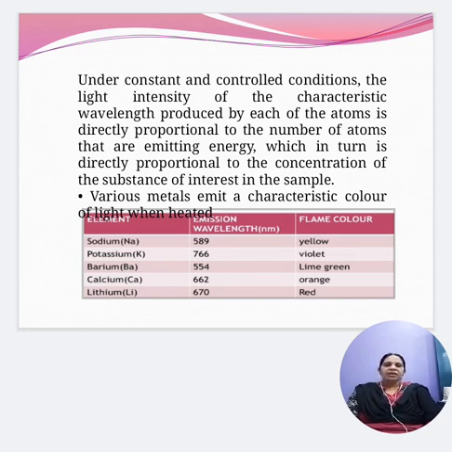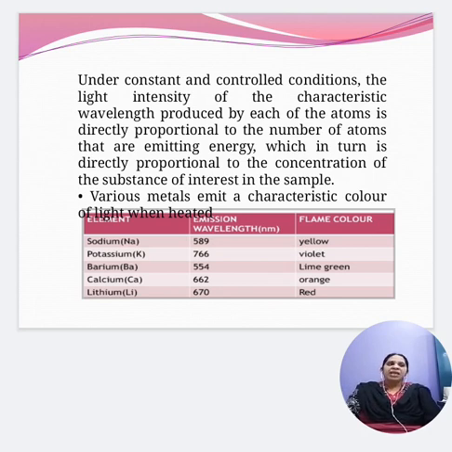If the concentration is more, the number of atoms that are excited is more, so more energy is emitted. When more energy is emitted, the concentration of the element in that sample is more. Thereby you can know the concentration of the substance.